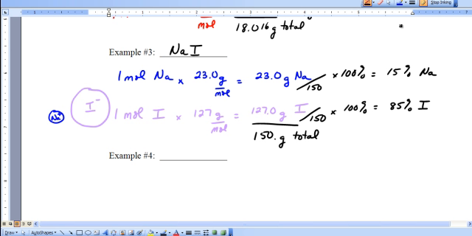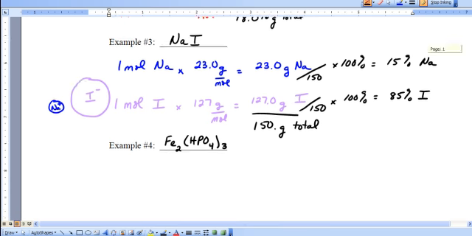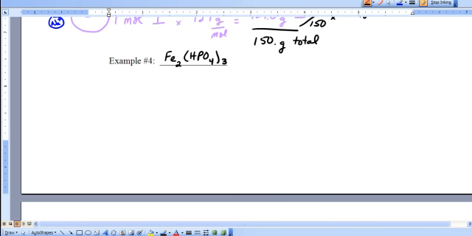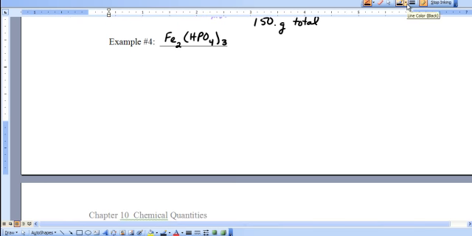Let's try one more. We're going to try iron(III) hydrogen phosphate, which has a formula of Fe2(HPO4)3. So it looks like there's quite a bit going on here, and really it's the exact same thing that we've been doing for the past few examples. So let's go ahead and try this.